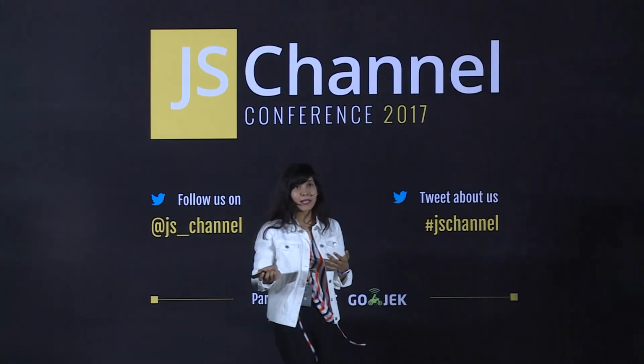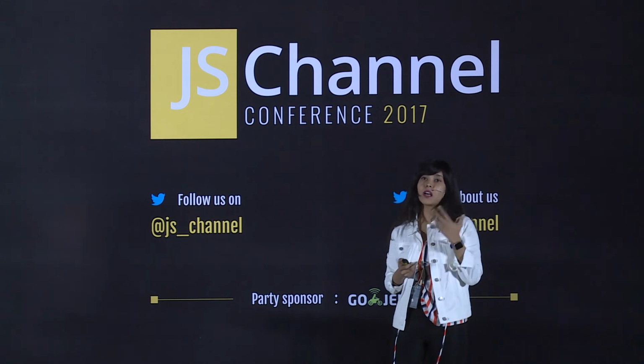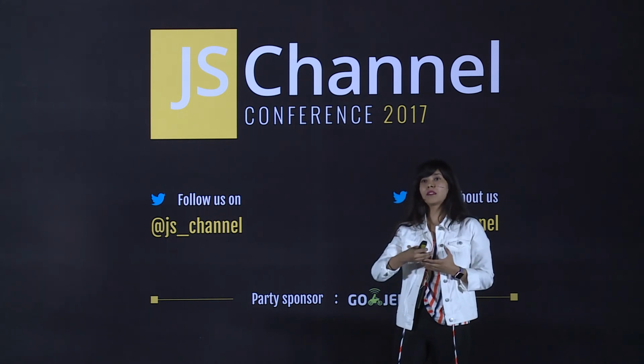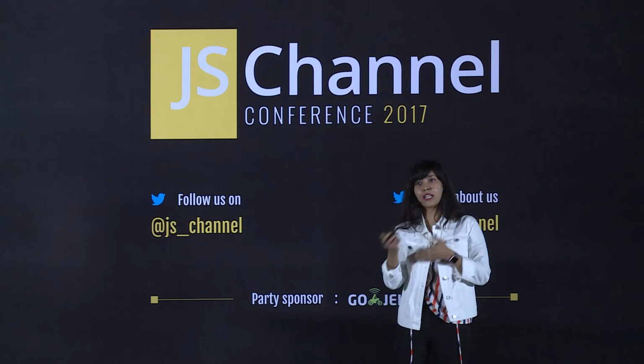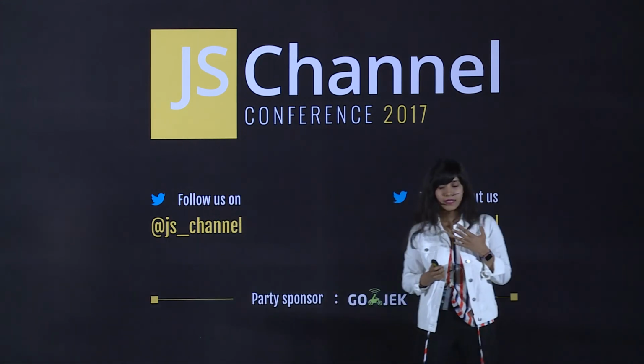But in another application, it was not that big a use case, they did not want to build it using a framework or a library, and they were pretty comfortable coding in vanilla JavaScript, right? So this was the big differentiator for us, because our platform needed to onboard applications that were not just on the same tech stack, but might vary too, right? So these are the differences of the applications that I'm talking about.